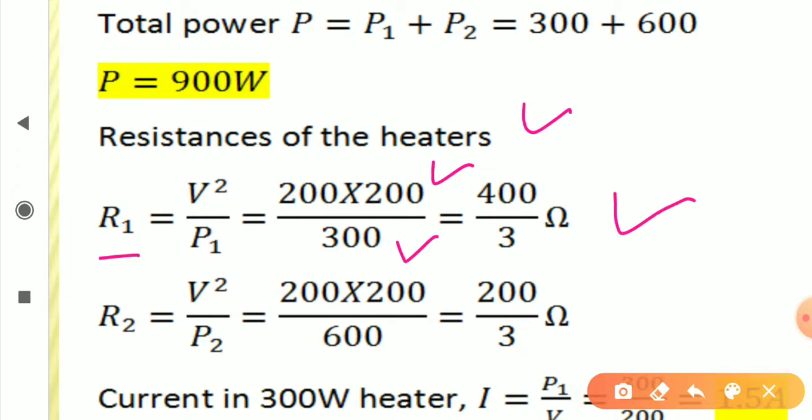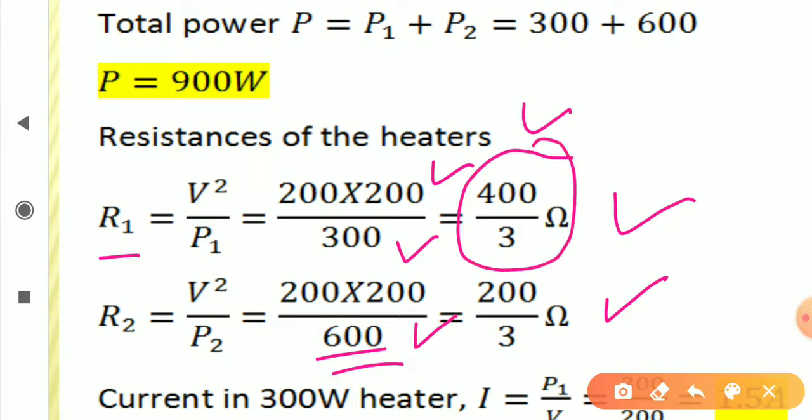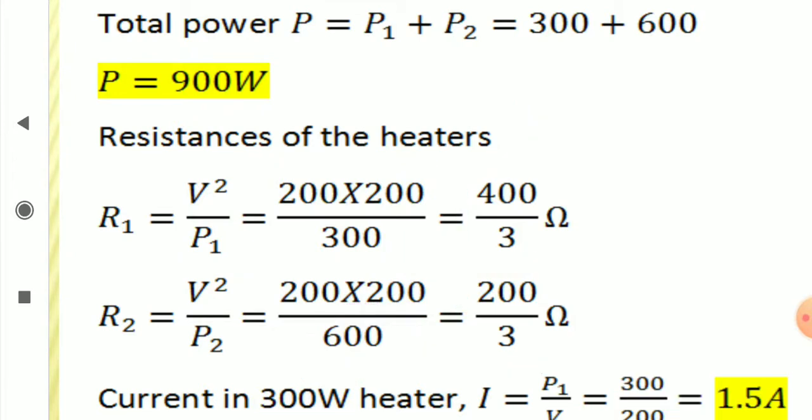R2 is V square upon P2. So 200 into 200 upon 600. 600 watt is there. That is 200 upon 3. So you can see that the heater with lower power has greater resistance and the heater with higher power has lower resistance. Okay, a very important thing.